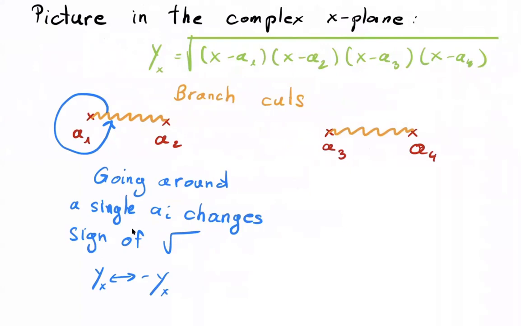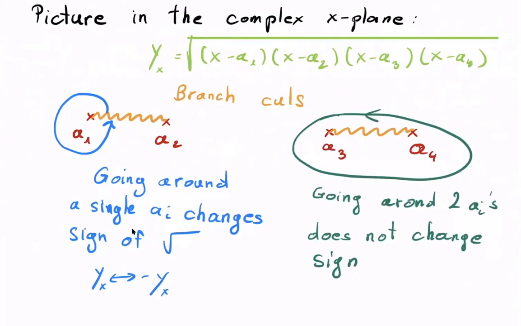Because if I let x turn around A1, but not around any other of the AIs, the phase of x minus A1 will change by 2 pi i. So the square root will make the phase change by i pi, so I change the sign. So that's the meaning of this branch cut. When I cross this cut, we go around A1, but not around any of the others, I change sign.